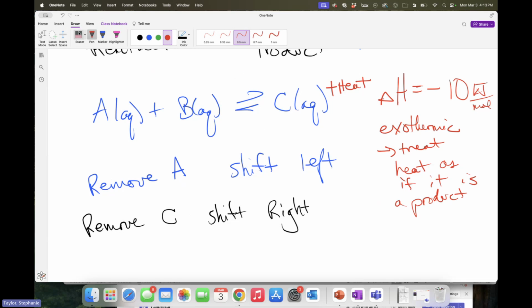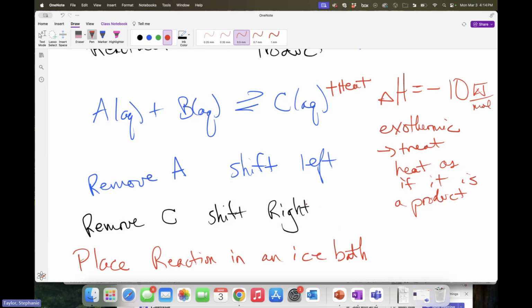So now, when I talk about shifting, I could change one more thing. Instead of just saying I could add or remove a product or a reactant, I could now talk about heat in the same way. So I could do things like place the reaction in an ice bath. I'm making the reaction cold.